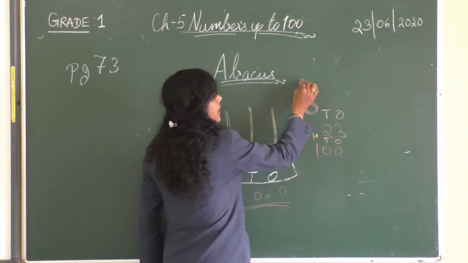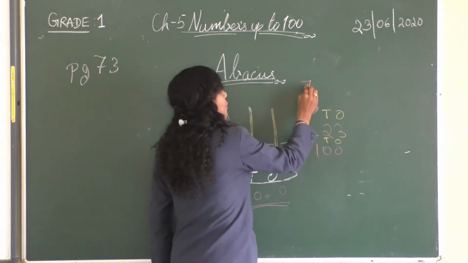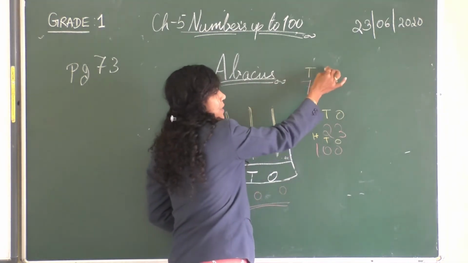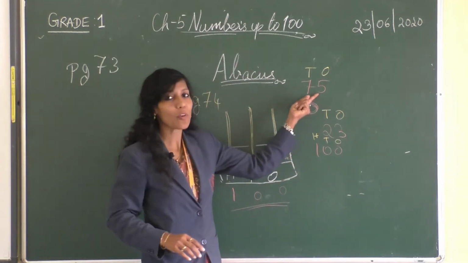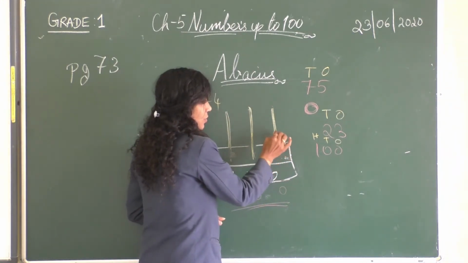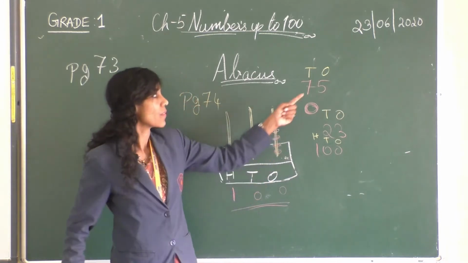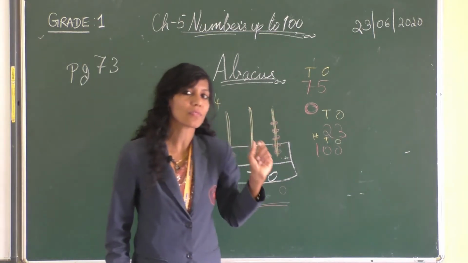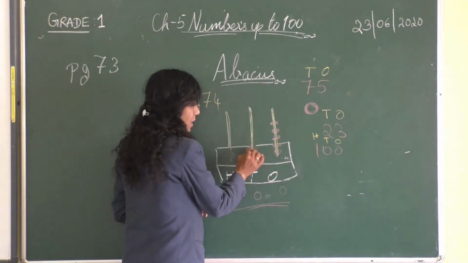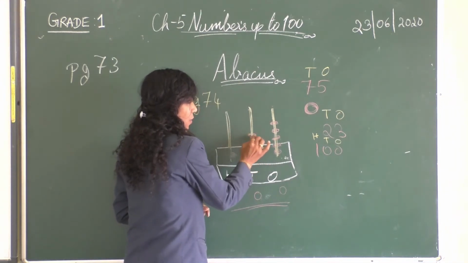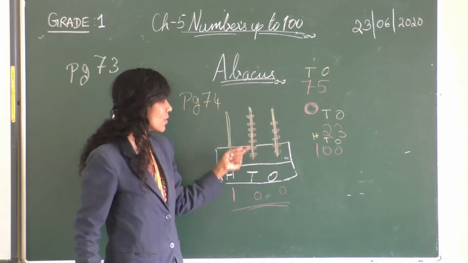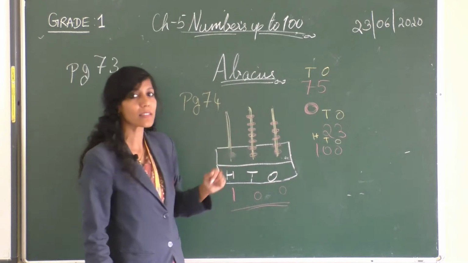If the number is 75, tens position, ones position. How many ones do we have? 5. So what do we do? 1, 2, 3, 4 and 5. How many bundles of tens do we have? 7 bundles. So what do we do here? 1, 2, 3, 4, 5, 6, 7. 7 bundles of tens.